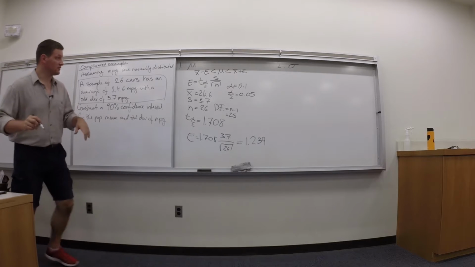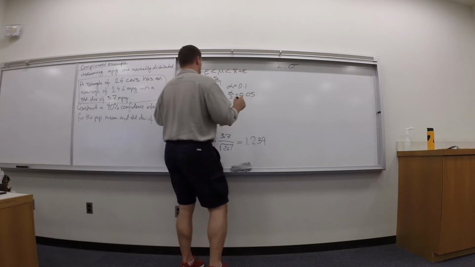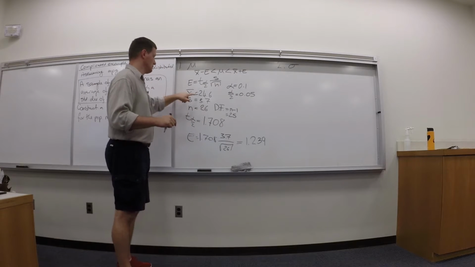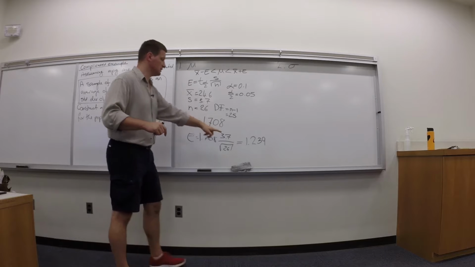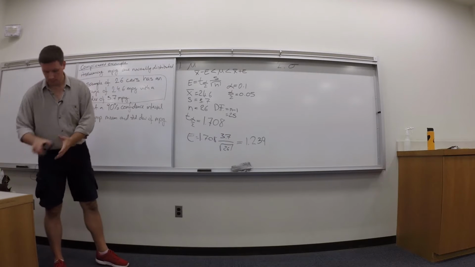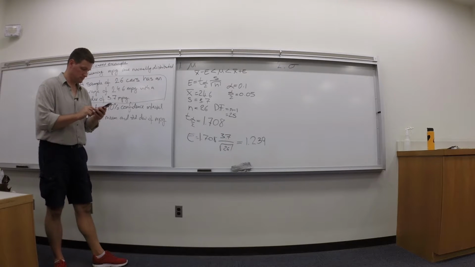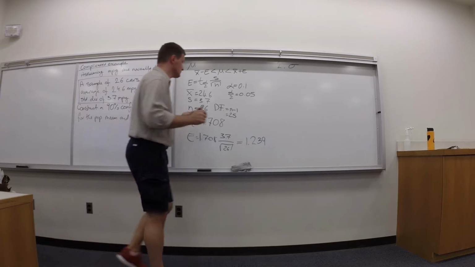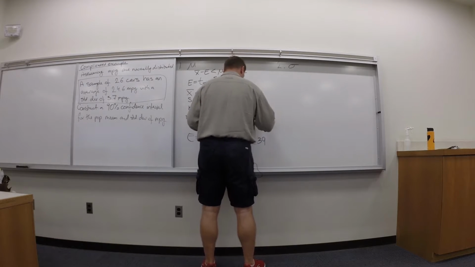Okay, so we have E, so let's figure this out. X bar minus E gives 23.36.